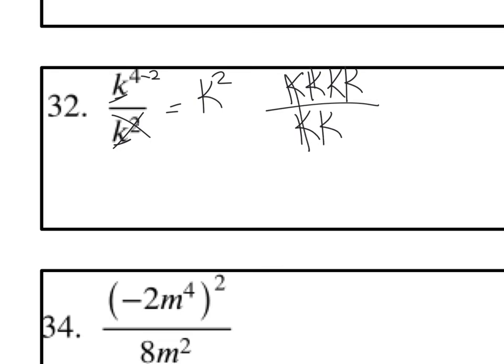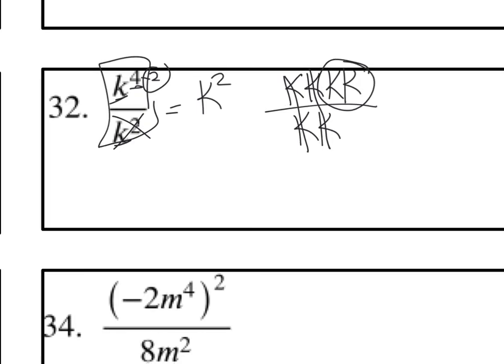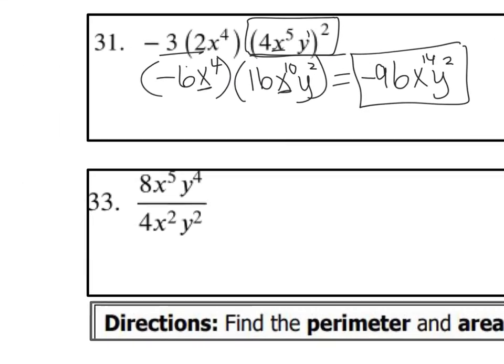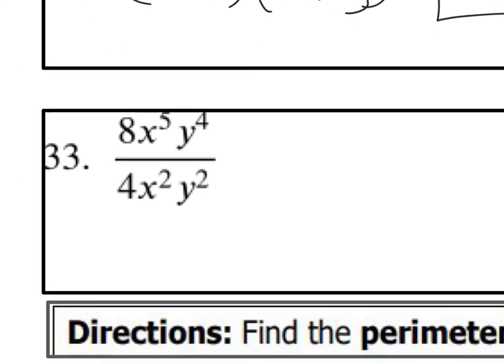This cancels, it leaves me 2 on top. So you could skip the subtracting step if it's a straight problem like that, and just say I got more on top. 4 minus 2 is 2, leaves me 2 on top. Either way, whatever works for you.